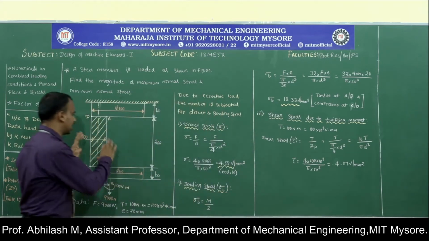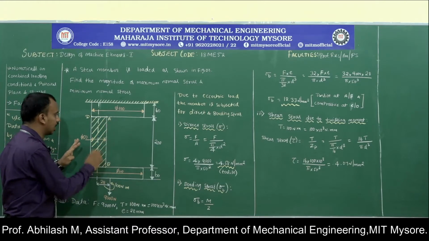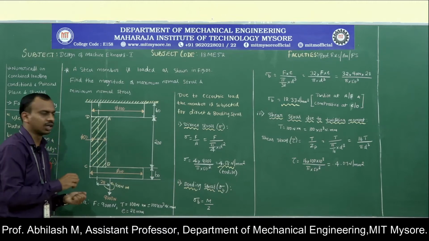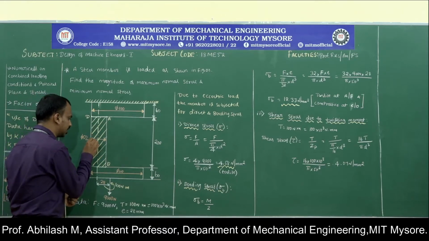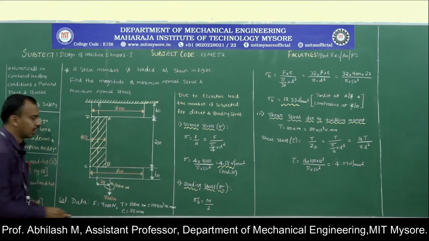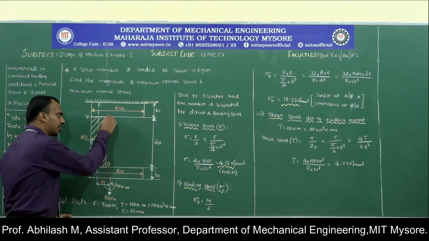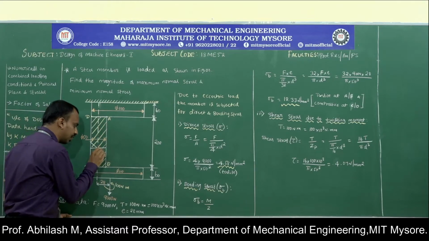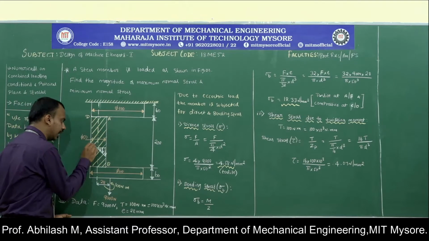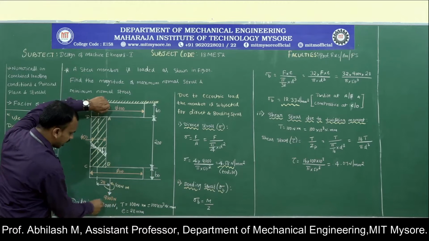Now, coming to the cross section, if you observe, portion A, B and C, D is the critical section, and if I consider a cross section along the member anywhere, because of the loading condition, the portion AB will be subjected to tensile stresses, whereas the portion CD is subjected to compressive stress because of this bending moment.